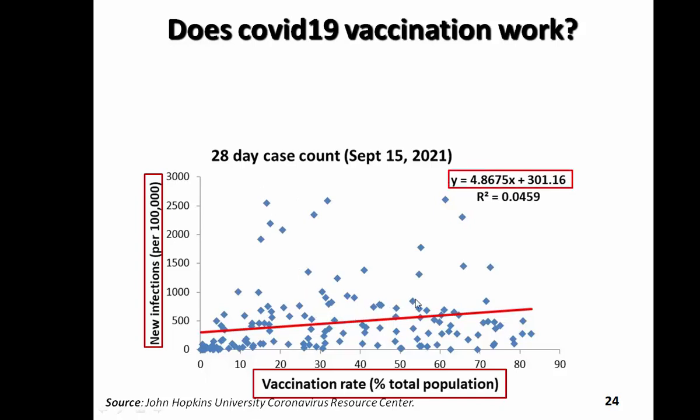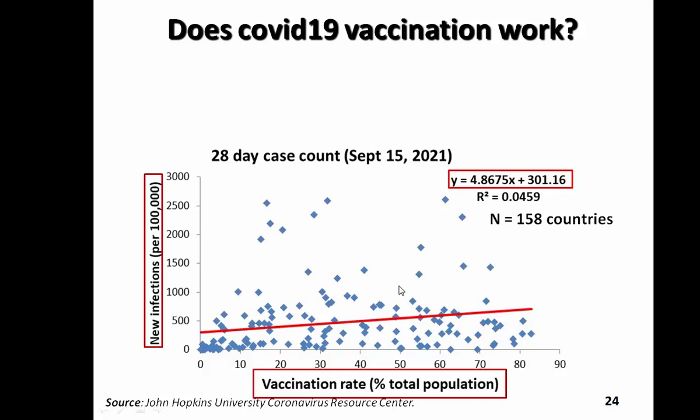This line is described by this equation, and as you can see, it's a linear equation with an r squared, or an effect size, of 0.0459. The blue diamonds here represent the data for 158 countries.